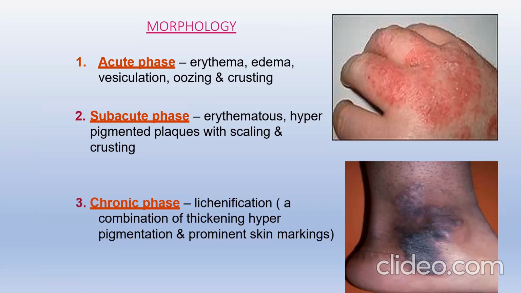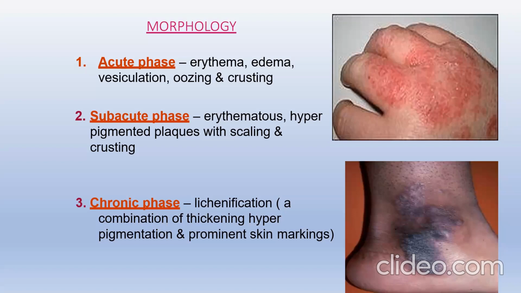Second is the subacute phase, which shows erythematous, hyperpigmented plaques with scaling and crusting.